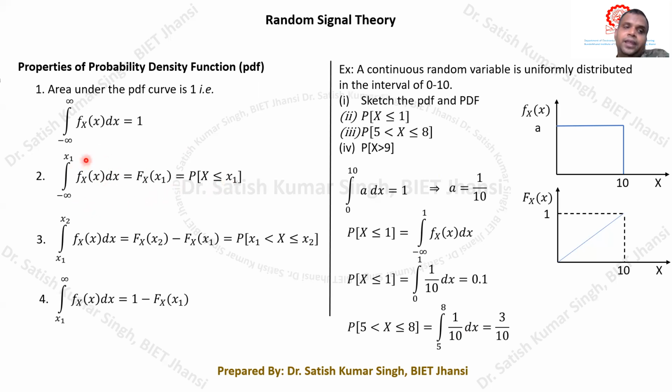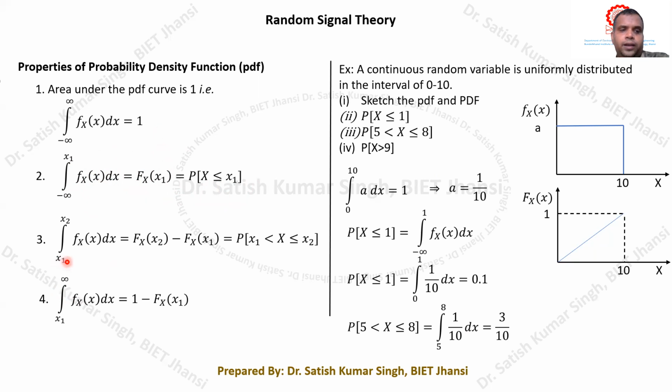We are integrating this probability density function from minus infinity to x1, so we are just calculating the probability that x is less than or equal to x1.